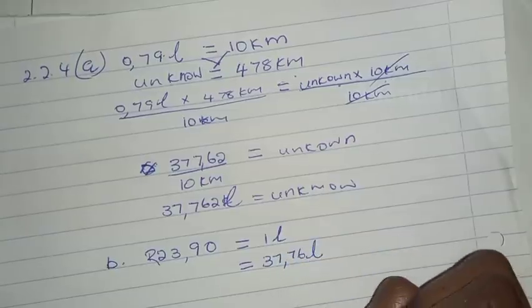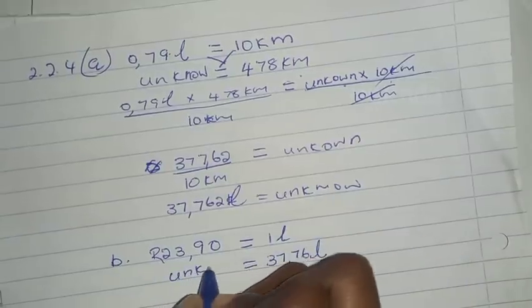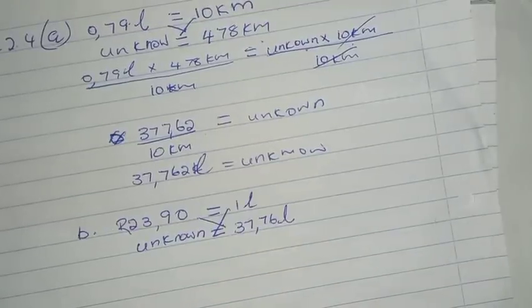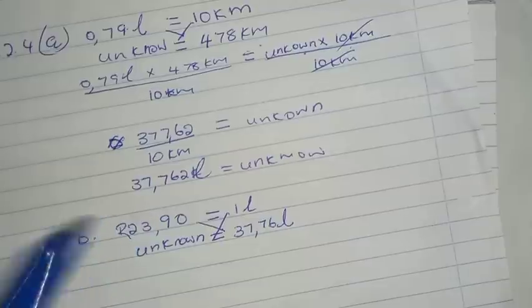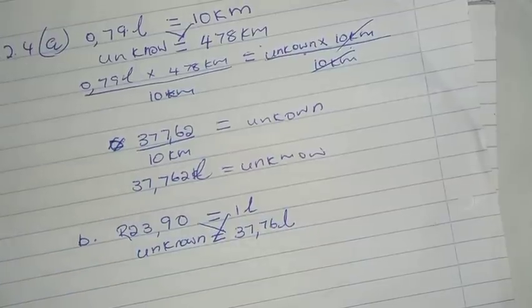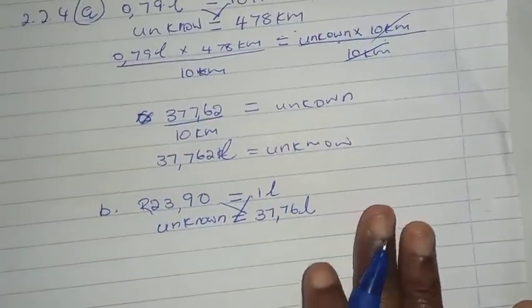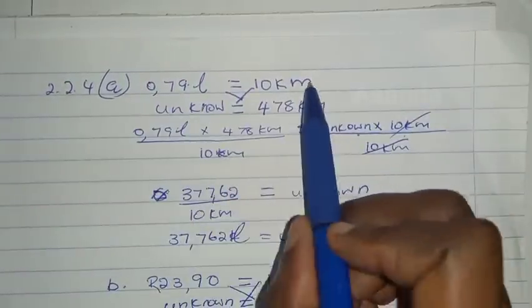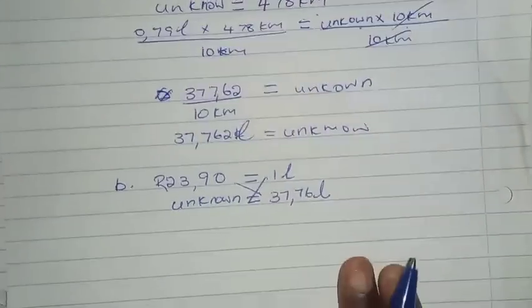Okay, so now I know if I have 37.76 liters, how much am I going to pay? I don't know, but the cross multiplication is going to assist me with that, right? Actually, you don't need to use cross multiplication on this one. This one's very obvious: you just multiply the liters by the money. But I like cross multiplication because on something like 0.79 liters is equal to 10 kilometers, I never forget to divide by the 10.